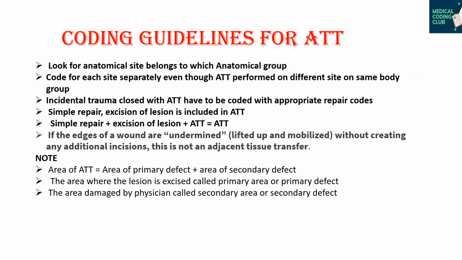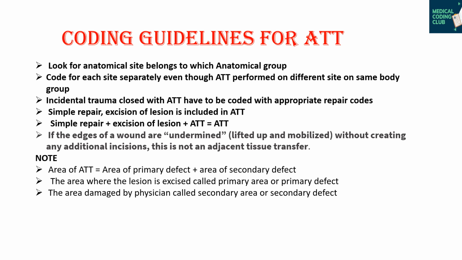First, we'll see coding guidelines for ATT before getting into the techniques of ATT. These are the guidelines which a coder has to follow when it comes to ATT. Firstly, look for which anatomical group the anatomical site belongs to. Then code each site separately, even though ATT was performed on different sites in the same body group.